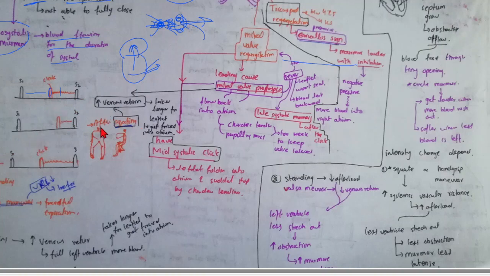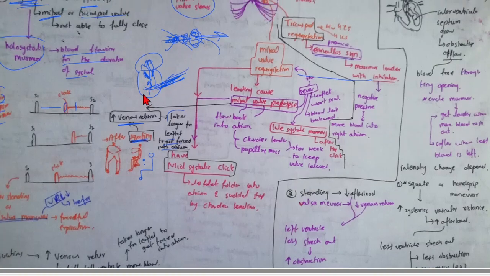This mid click can move later or earlier. How? For example, during squatting, if you sit like this and grip your hands, it increases your venous return. When venous return is increased, it takes longer for the leaflet to be forced into the mitral valve. So first the blood moves out from the ventricle and pushes through this valve.